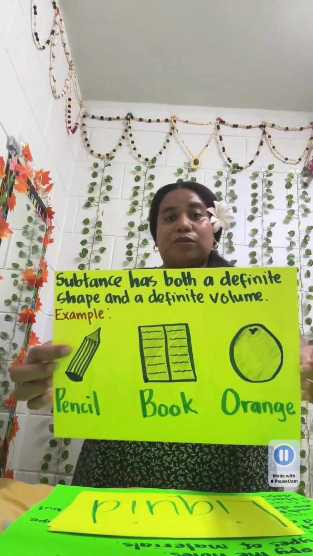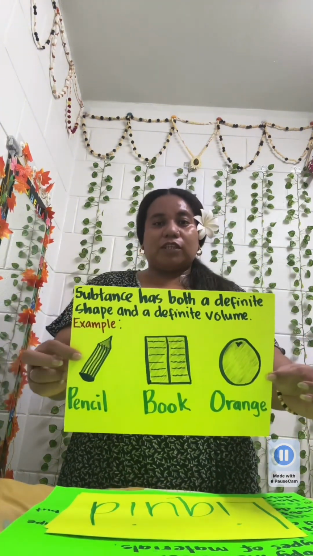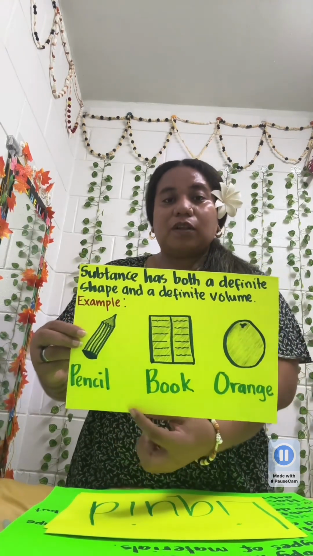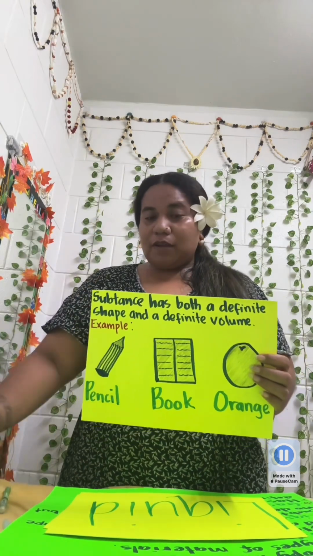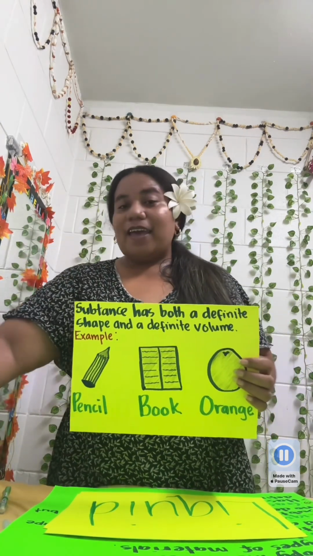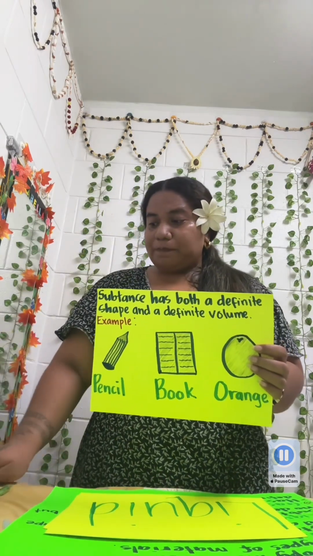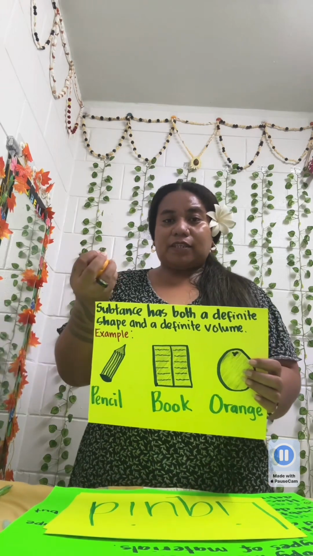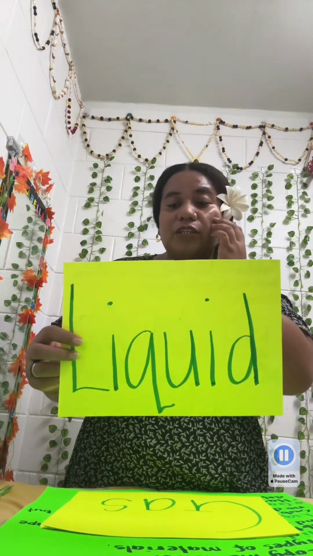The pictures below are examples of solids, which include pencil, book, and orange. They are known as solids because we can hold them in our hands, or they are known as hard objects.